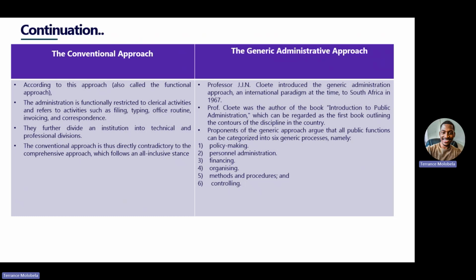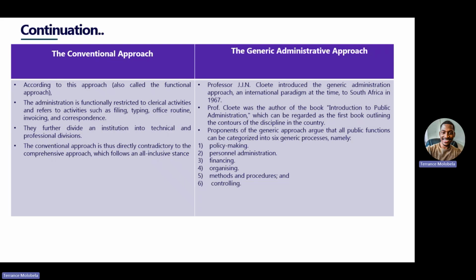So with this one, the last one, it was the works of Professor J.J.N. Cloete, who wrote the book Introduction to Public Administration. This book is the one that actually provided South African students or South African public administration with generic administrative functions. We know them as policy making, personnel administration, financing, organizing, methods and procedures, and controlling.